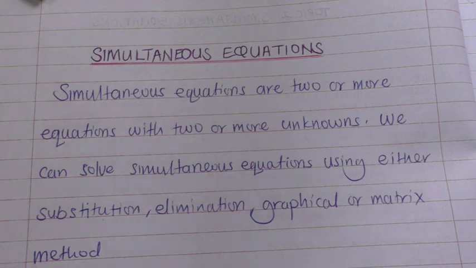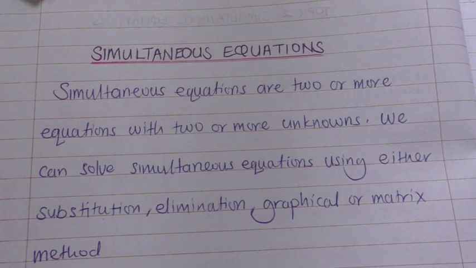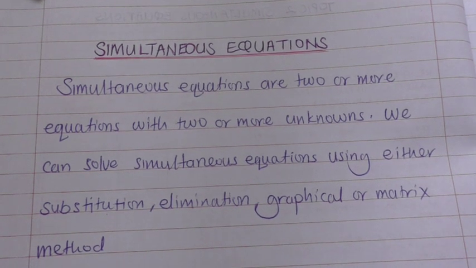So that shows that we have four methods of solving simultaneous equations. But in this particular episode, we shall be looking at the three major ones, which are substitution, elimination, and the matrix method. Let us start with the solution by elimination.